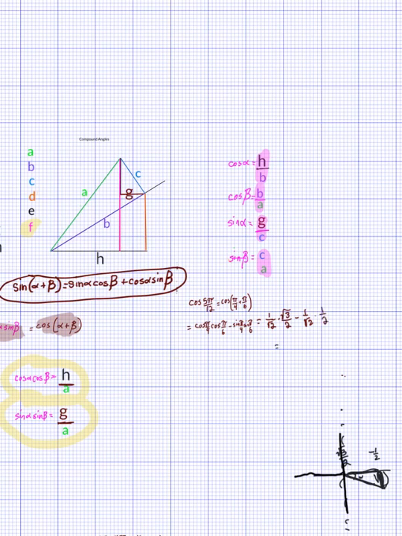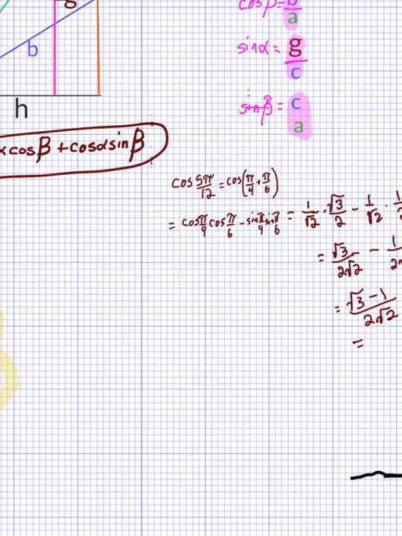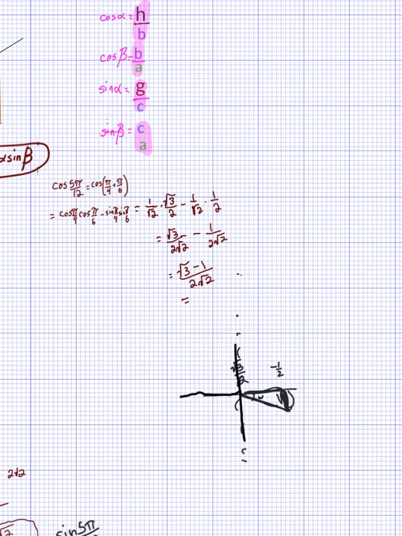So that equals root 3 over 2 root 2 minus 1 over 2 root 2, which equals root 3 minus 1 over 2 root 2. Unfortunately, people hate having roots in the bottom, so we multiply top and bottom by root 2 and get root 6 minus root 2 over 4.